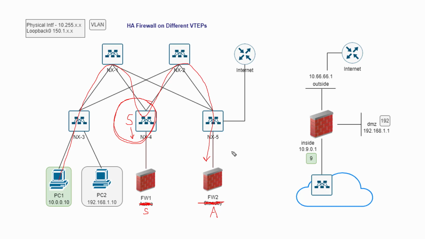And so what we may think is just put the static route on both and point it to 10.901. So the static route is on both, it's being redistributed on both. But the problem with that is, even on a normal case where the firewalls aren't switched over, Nexus 3 has an equal cost to either one.